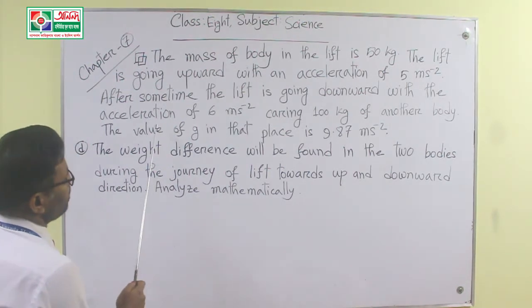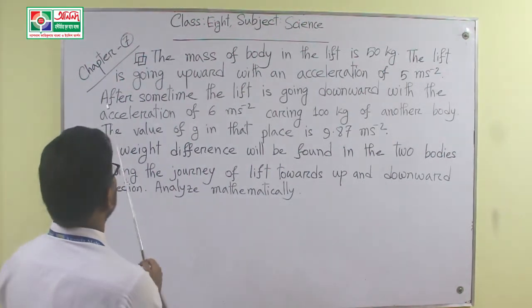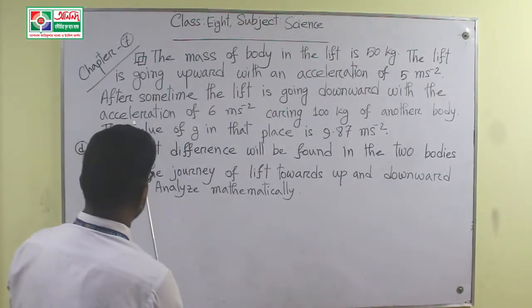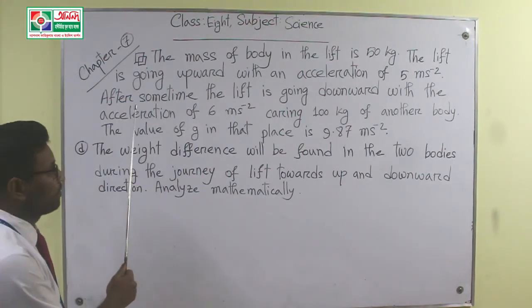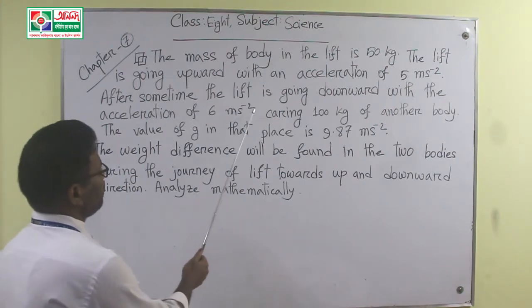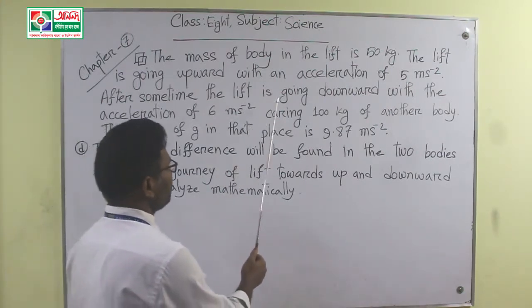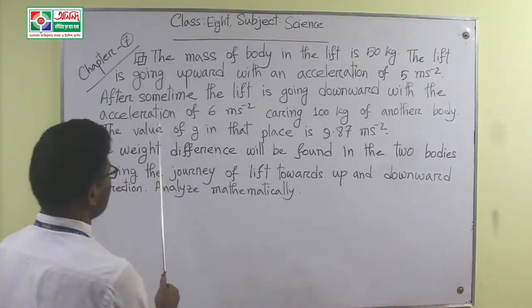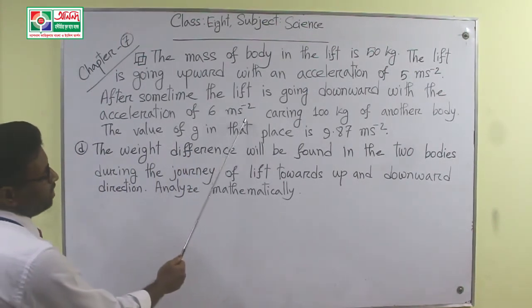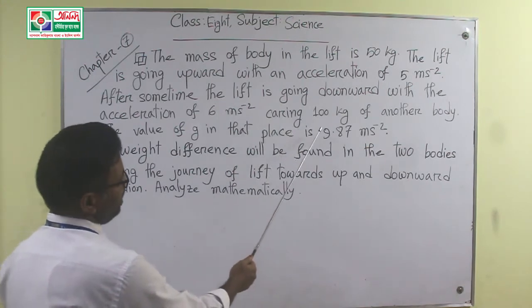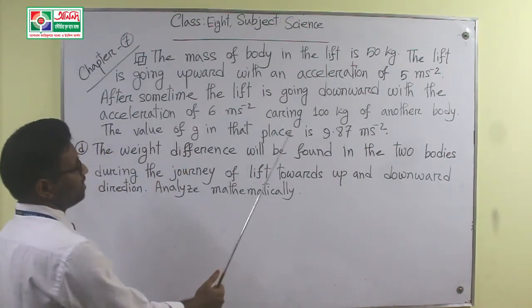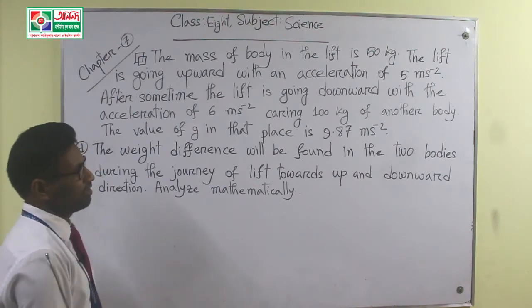Again, our stream. After some time the lift is going downward with an acceleration of 6 meter per second squared and carrying 100 kg of another body. The value of g in that place is 9.87 meter per second squared.